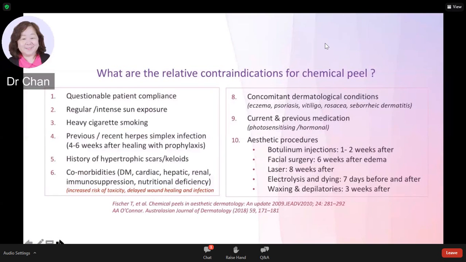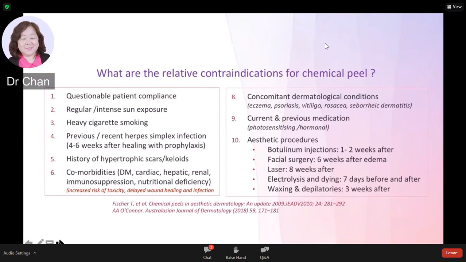Patients with multiple comorbidities, as this will increase risk of toxicity, delay wound healing, and also increase risk of infection. Concomitant dermatological conditions, especially lesions on the face; doing a peel can aggravate this condition.